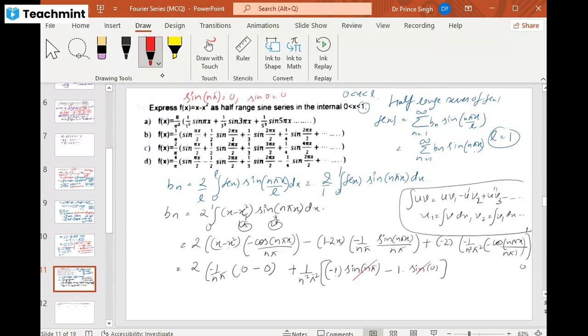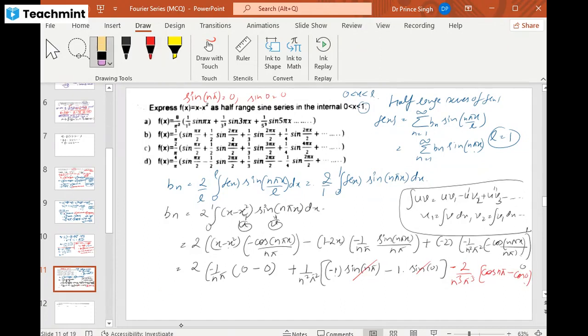So basically we are left with only the last term, minus, minus, minus. So it is minus 2 times n cube pi cube times, when I substitute 1, its value is cos n pi, and when I substitute 0, its value is cos 0. So what is the value of Bn here?